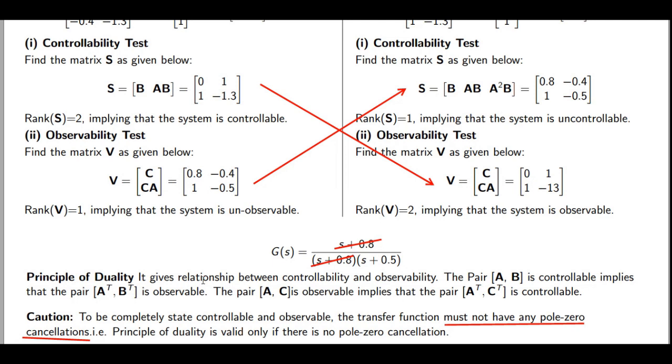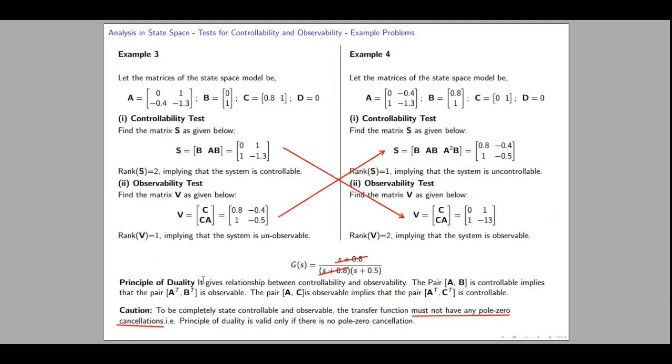But here we have to take a caution. When I do this, the results are slightly different. This is normally true, but for this specific case, I find that it doesn't work out. For example, when I write it in CCF, this is controllable, but when I find this V matrix and its determinant, it will become 0.